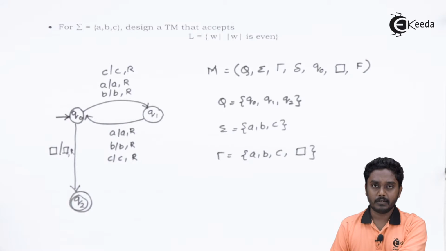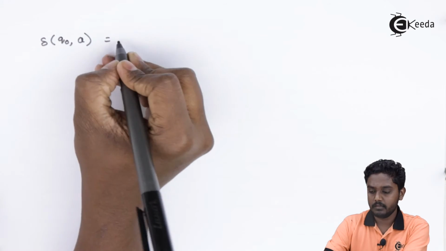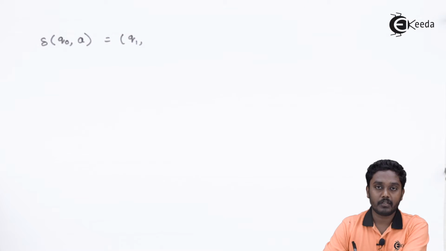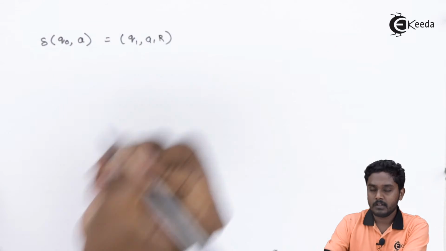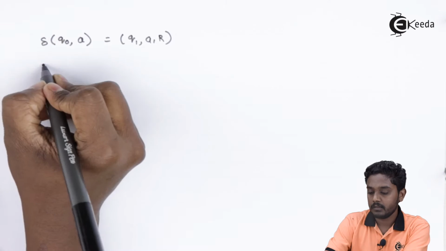Let's see the transition delta. Delta of Q0 with A as the input will go to Q1, keeping A as it is and moving right. Similarly, we have for B and C, completing those as well.